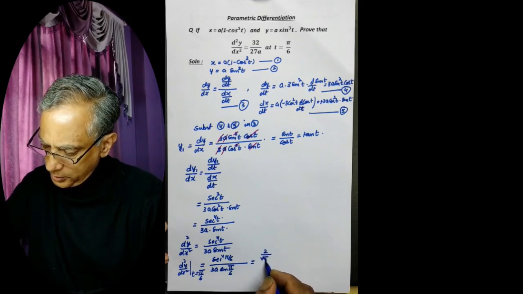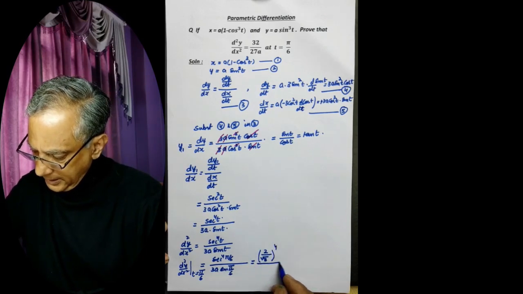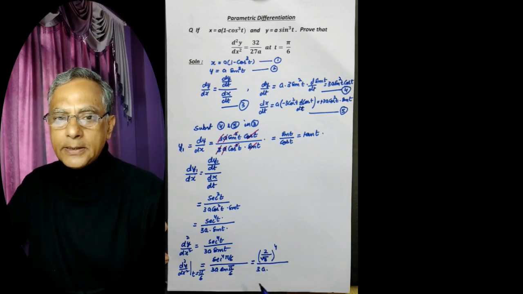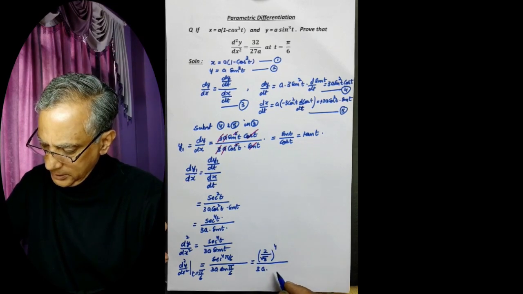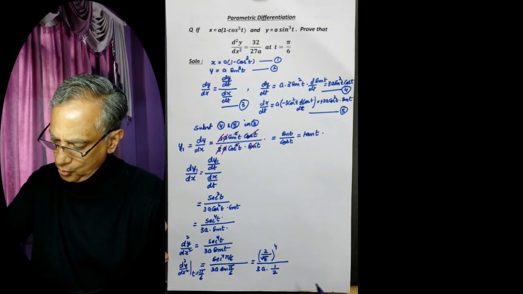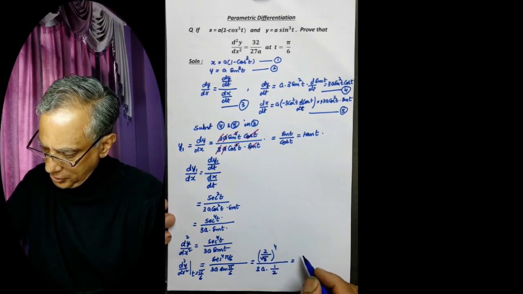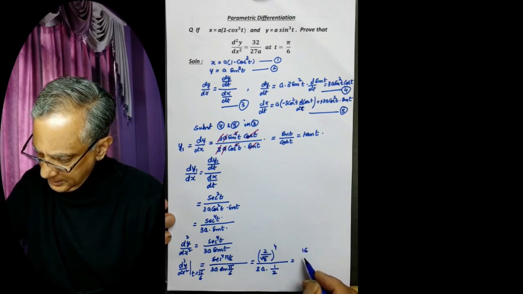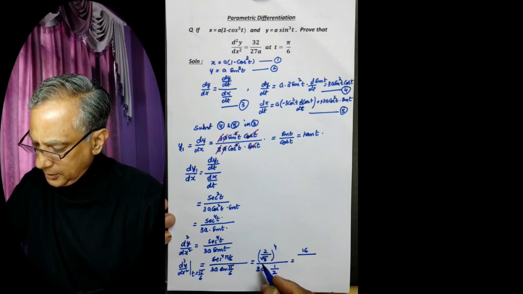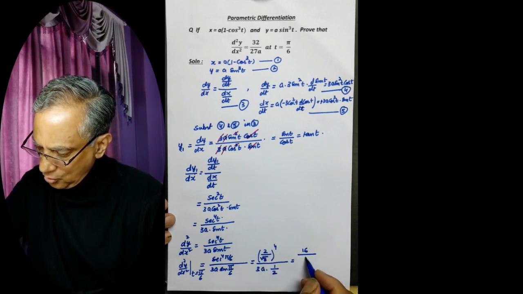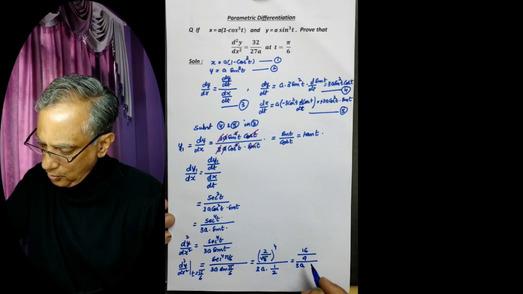So this will be 2 by root 3 to the power of 4, whole divided by 3a, and sine of pi by 6. Sine of 30 degrees is 1 by 2. So 2 to the power of 4 is 16, and root 3 to the power of 4 will be 3 square, that is 9, over 3a, and the half will go in the numerator.